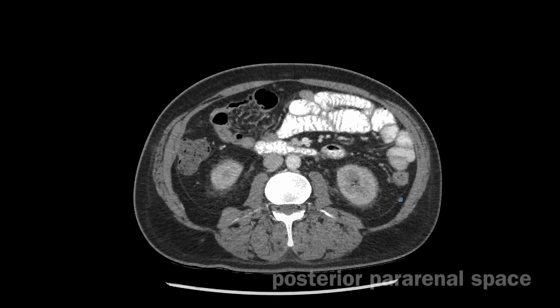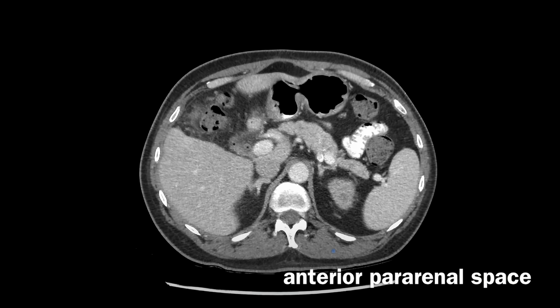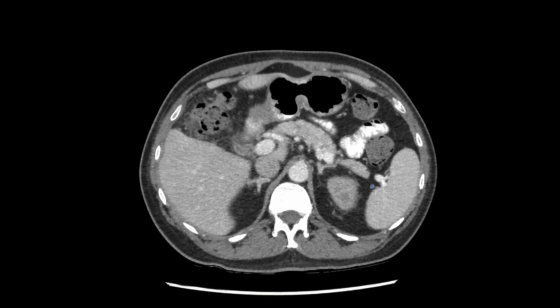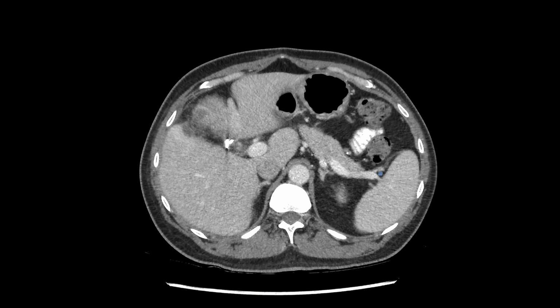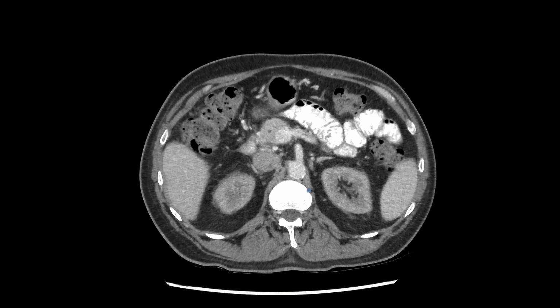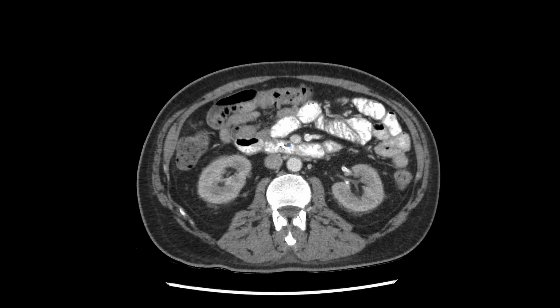We have the posterior pararenal space back here, mainly containing fat in a normal patient. And then we have the anterior pararenal space, which is anterior to Gerota's fascia, containing the pancreas, which is here. It also contains the duodenum, so this is the second portion of the duodenum here, and the third portion of the duodenum across the midline, the ascending colon over here, and the descending colon over here.